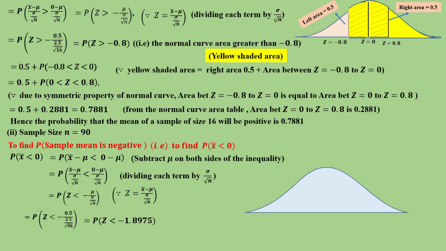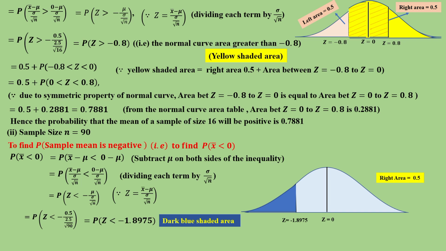So this is the same as the previous one. Z is equal to 0, and here Z is equal to minus 1.8975. This is the area where Z is less than that, the blue shaded area. The right side area is 0.5 and the left side area is 0.5.